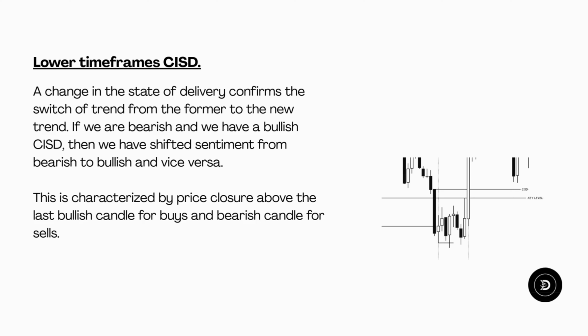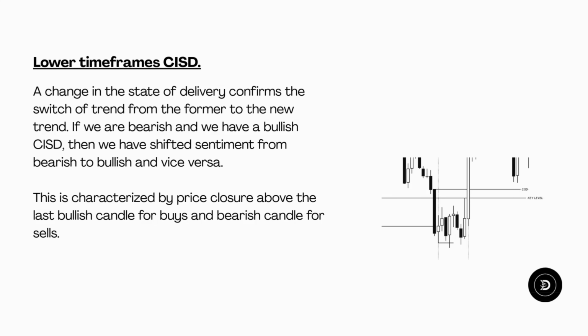A change in the state of delivery confirms the switch of trend from the former trend to the new trend. If we are bearish and we have a bullish CISD, then we have shifted sentiment from bearish to bullish. And if we were bullish and we have a bearish CISD, we have shifted sentiment from bullish to bearish.